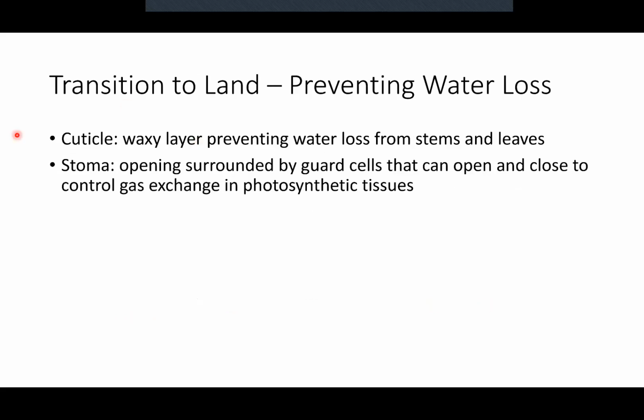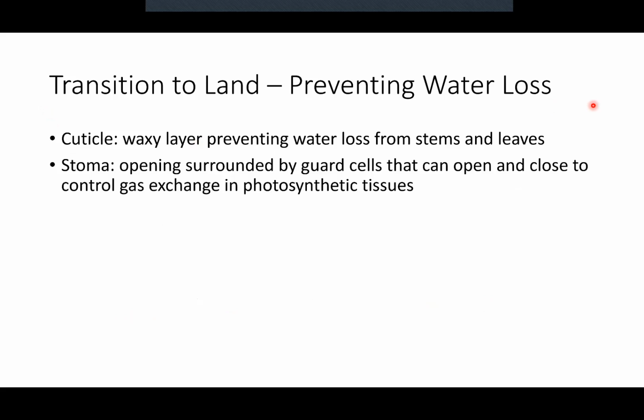Okay, so this is essentially where we stopped talking about plants for this week in lecture. Next, it's really important to understand the transition to land and how evolution played a role in plant form and function.